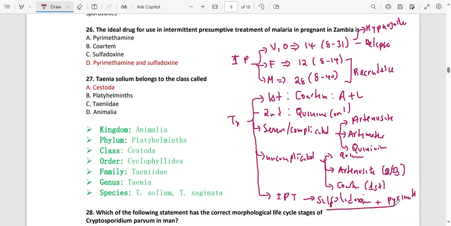These are the ones that you give for the intermittent preventive treatment. This question is saying the ideal drug to use for intermittent presumptive treatment is, so we've picked that because that's the one. Presumptive, this is presuming you are doing it in advance.